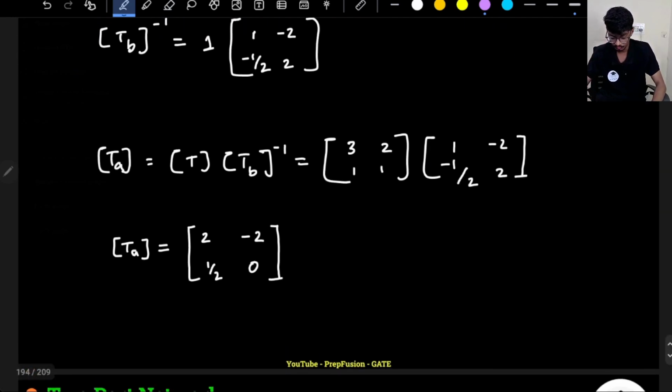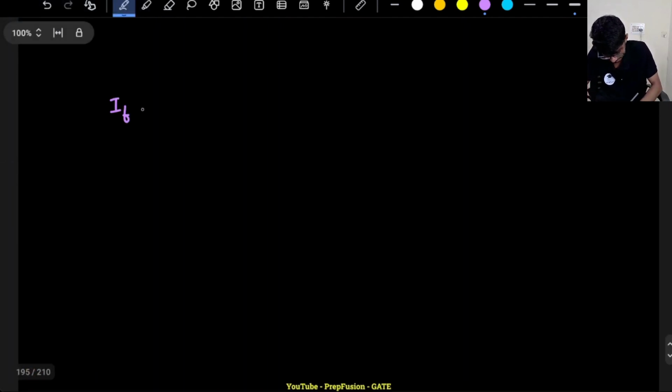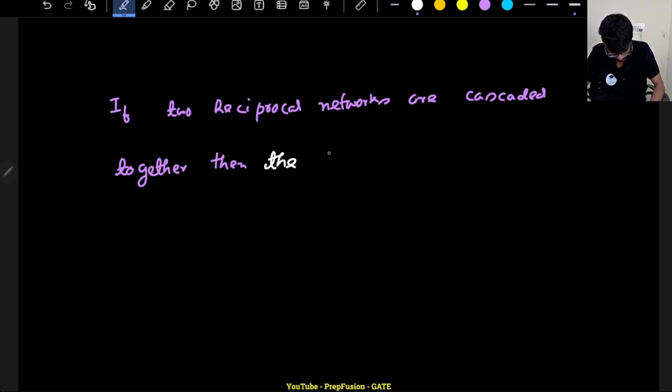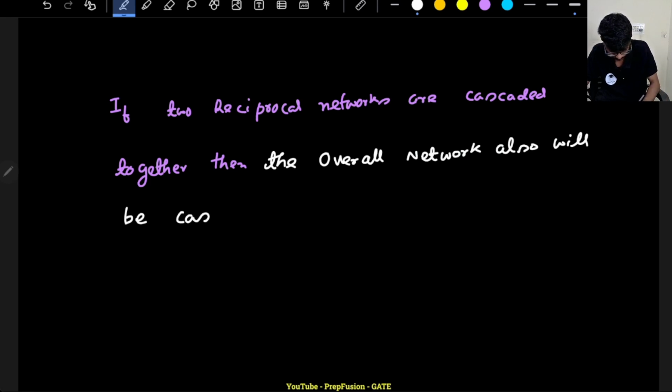So one more key point I want to say here is that if two reciprocal networks are cascaded together, then the overall network also will be reciprocal. Okay, the overall network also will be reciprocal.